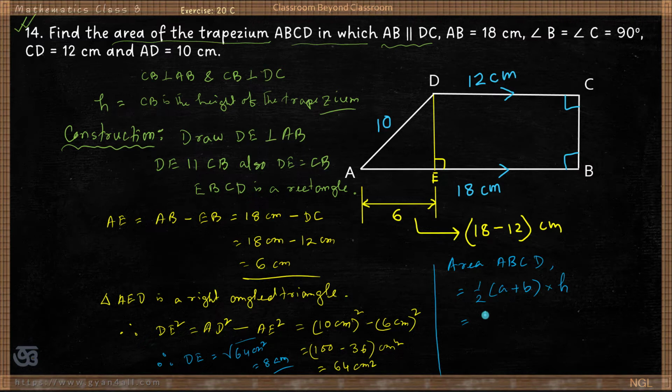This is equal to half of a is 18 plus b is 12 centimeter, multiplied by the altitude, 8 centimeter. So this is centimeter square, and this is equal to 120 centimeter square. So this is the area of the trapezium ABCD.